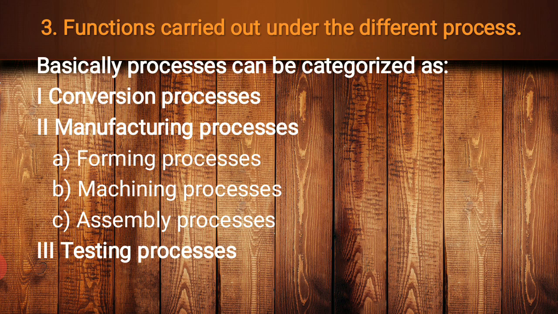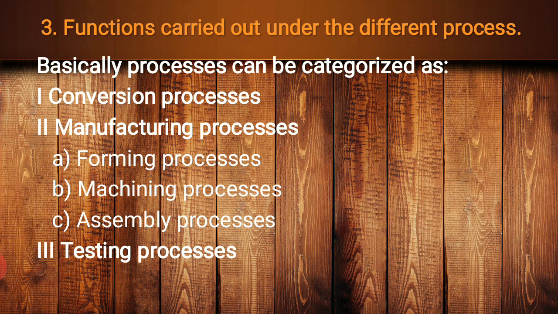And depending on what type of metal, material, or product you are going to produce, the process is selected. Again, in the further part of the chapter, we'll see that if it is a manufacturing process or maybe a conversion process, then also there are options available through which the process can be further selected.